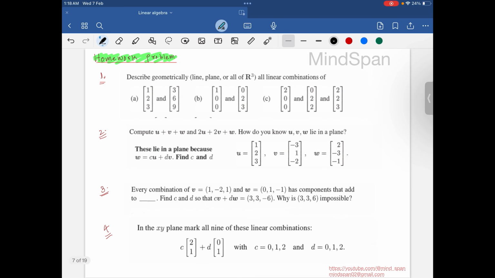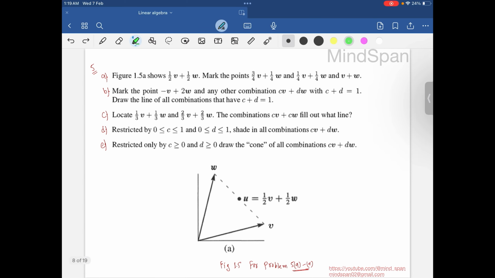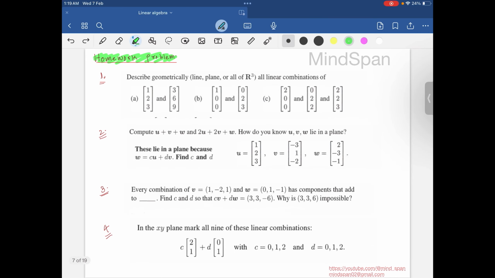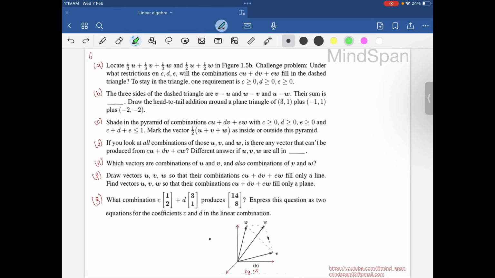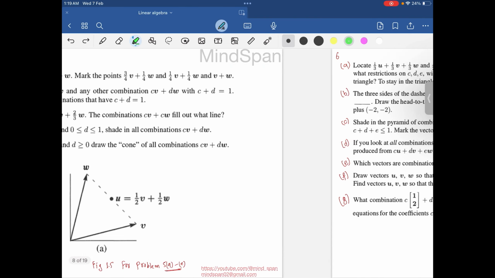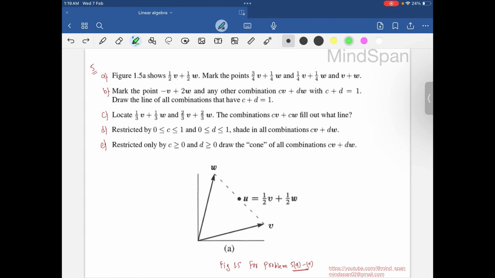If you are able to do those problems, that means you have got the idea behind linear combination. So it's recommended to solve questions 1 to 5, and if you think you can easily solve them, then you can go on with question number 6, right? These are the problems that you need to solve from your side.